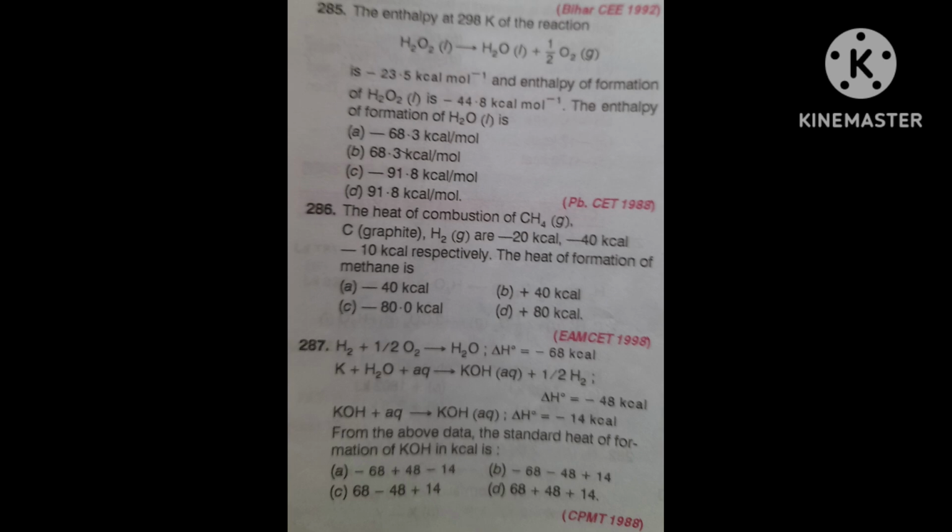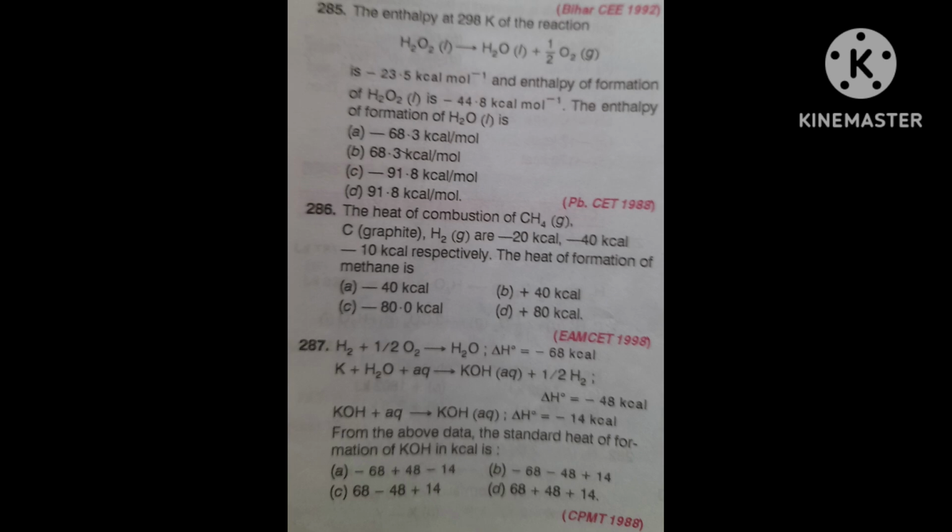First write the formula to get the KOH, and after that you can use the given reactions. For KOH solid you require K solid plus half oxygen gas plus half H2 gas. Only then will you get KOH solid.